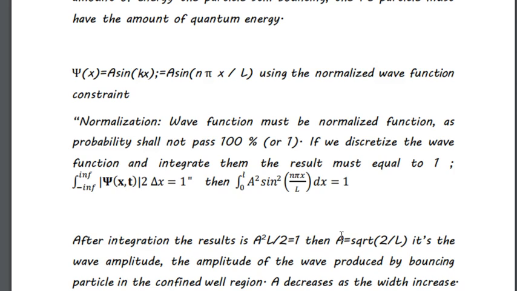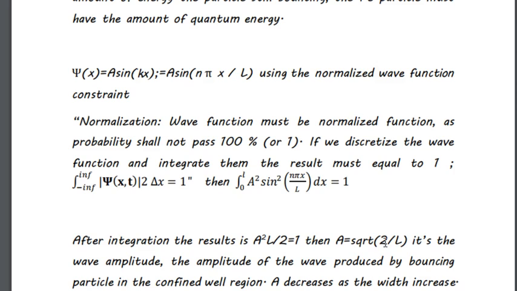The integration will equal 1 as well after we substitute the wave function, psi of x equals A sine of n pi x divided by L, into this equation. We have this kind of integration, and the result has to equal 1. After integration, the result is A squared multiplied by L divided by 2 equals 1.